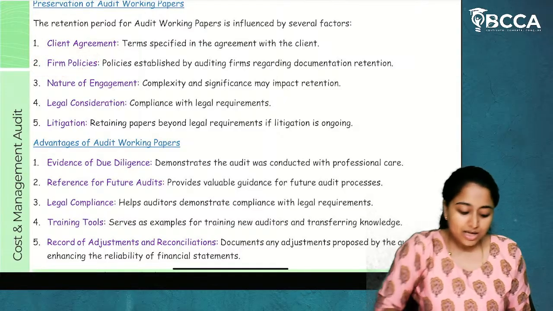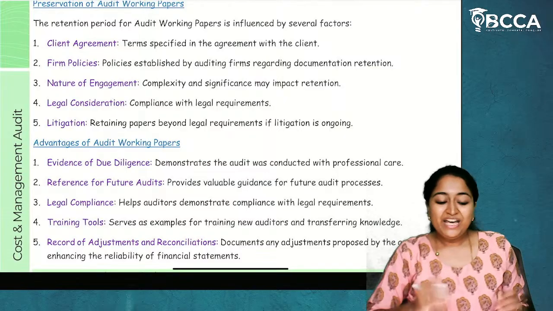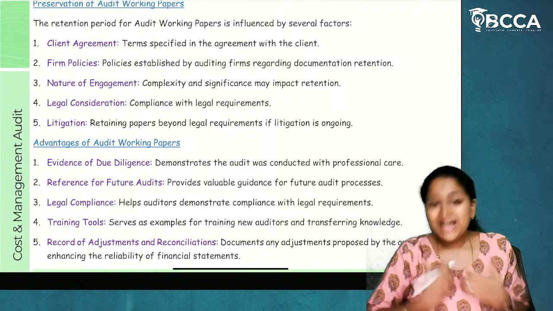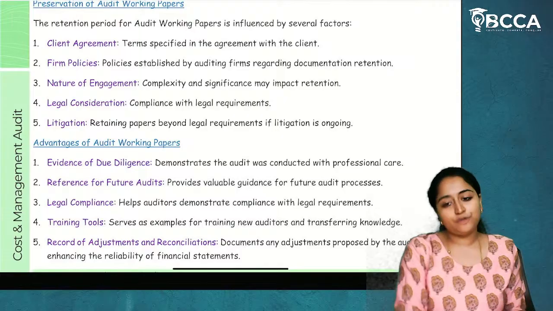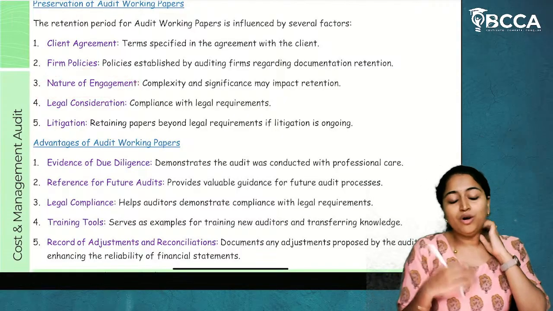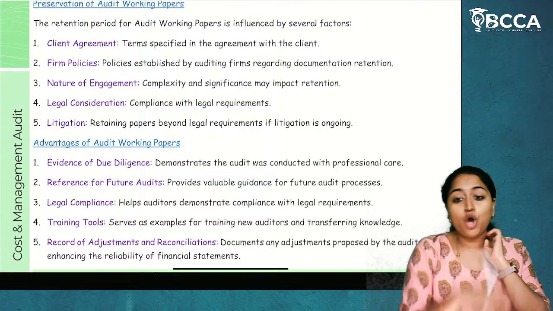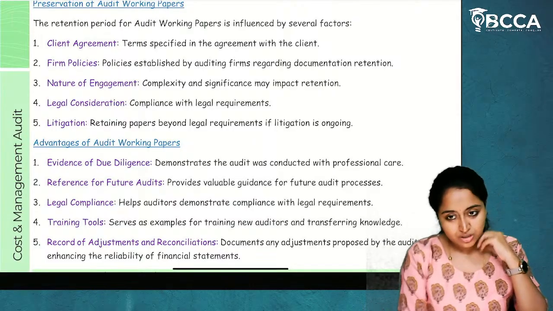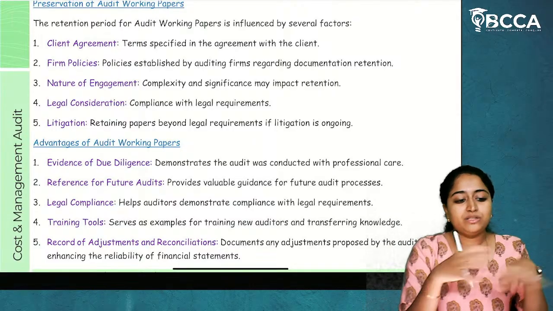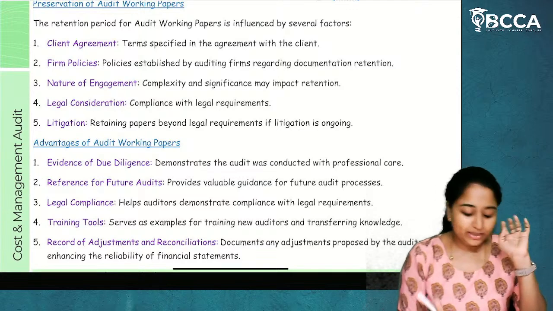Firm policies: policies established by the auditing firm regarding document retention. If the auditor is an audit firm and in that firm there is a policy that they have to maintain, then they will maintain it. Nature of engagement: if the auditee company is complex, if it is very huge, or if it has more reputation, brand, goodwill, something like that, then you will maintain it.